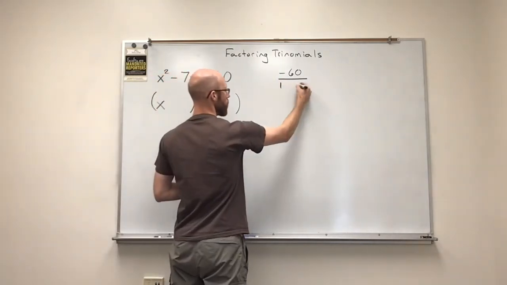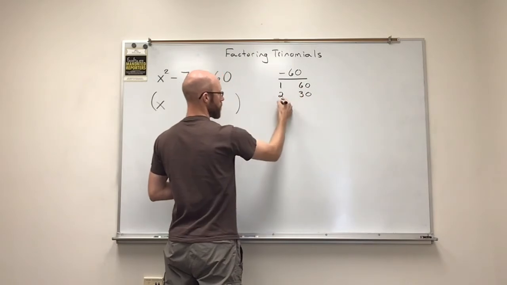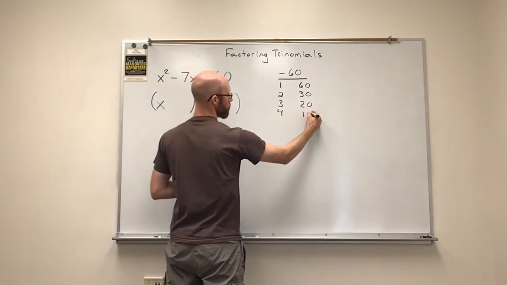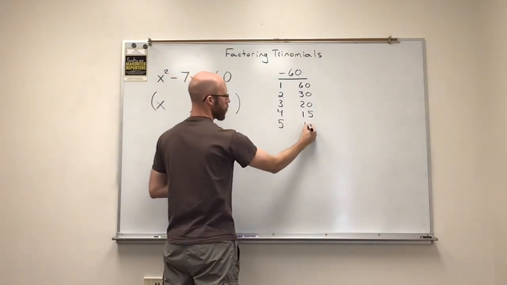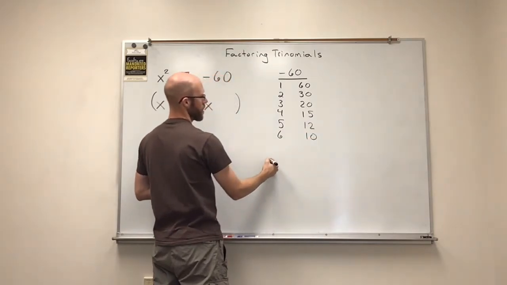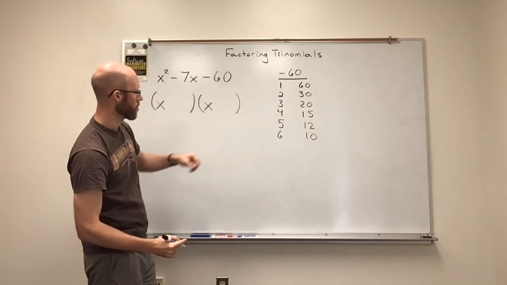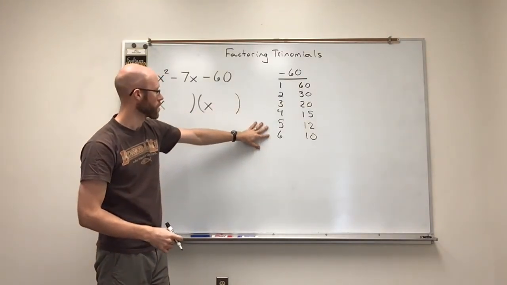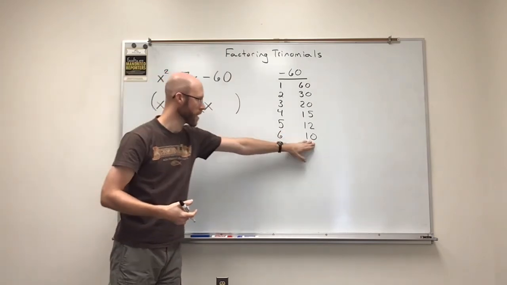So 1 and 60, 2 and 30, 3 and 20, 4 and 15, 5 and 12, 6 and 10. 7 won't work, 8 won't work, 9 won't work, and then 10.